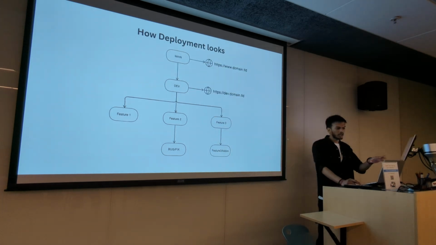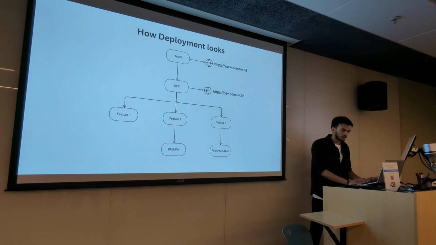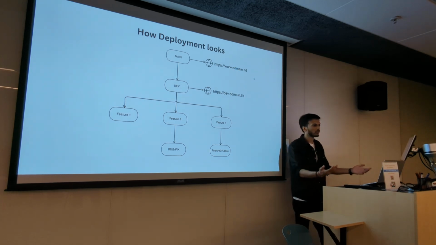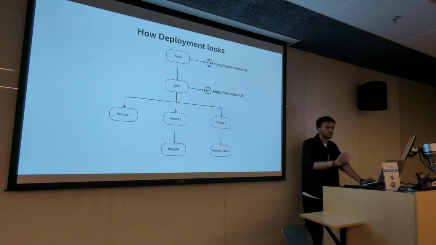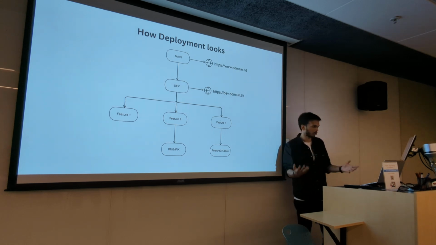And this is how a normal deployment looks in most organizations, right? So your main branch code directly goes into your main domain, domain.tld, let's say google.com, or let's say microsoft.com, right? Whatever is present in your main branch generally goes into the main domain of your organization, or maybe of your product, right?